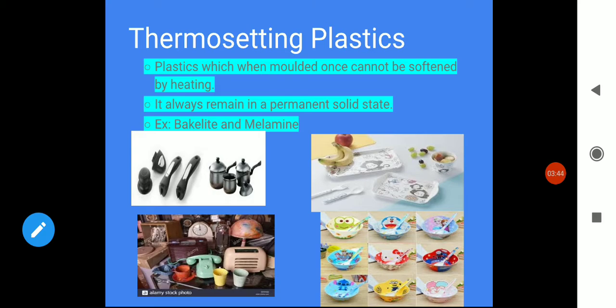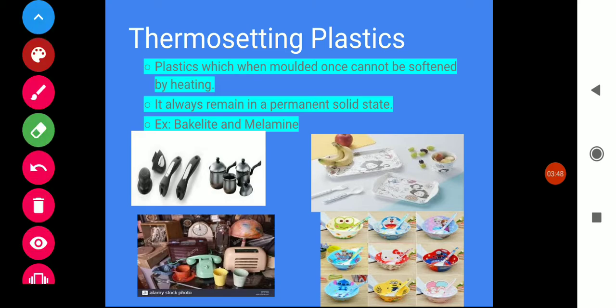So in the image, first two images, I'll show you. These two are bakelite and these two are made from the melamine.